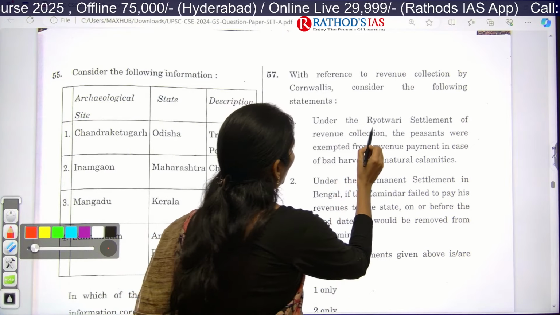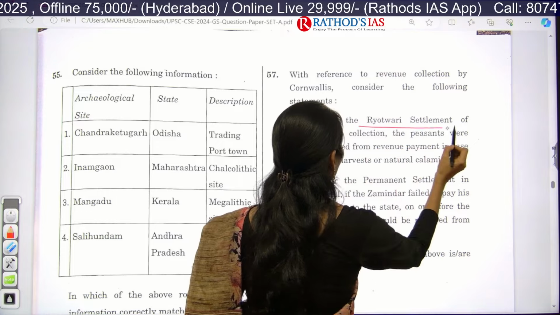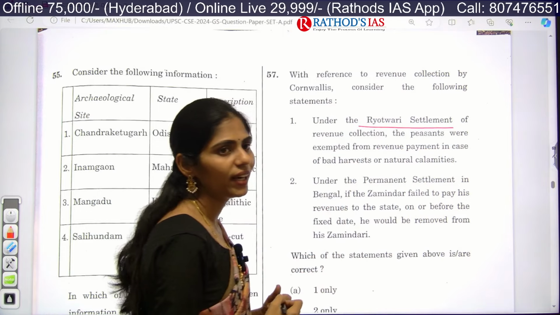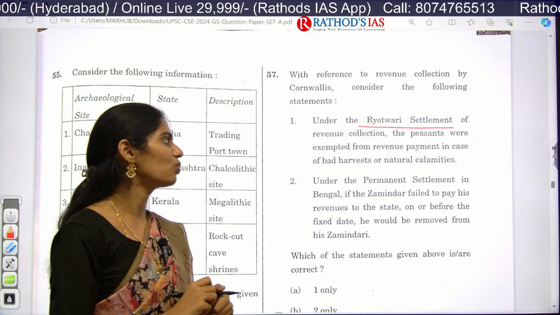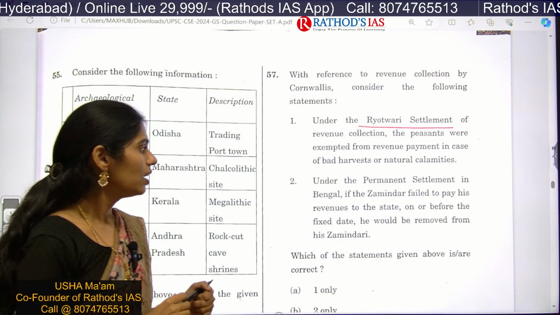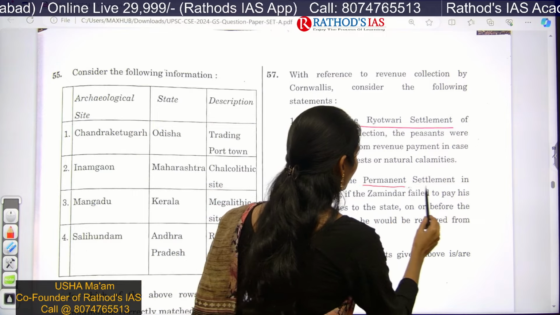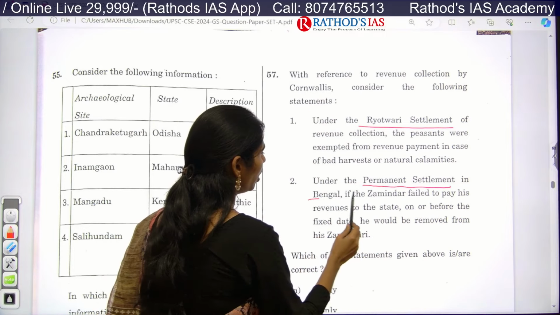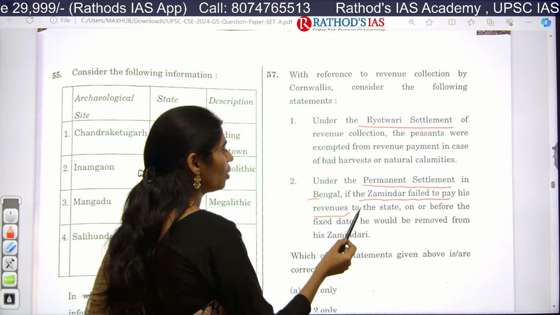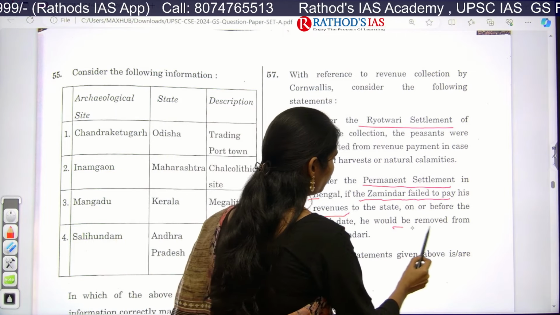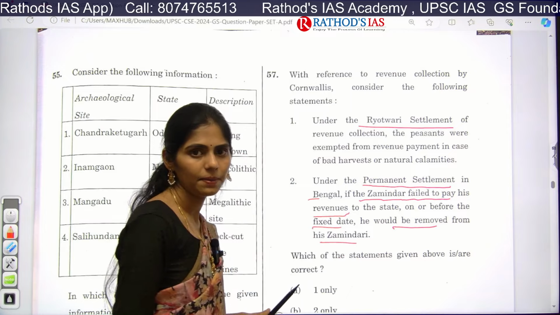First one is, under Rayatwari settlement of revenue collection, peasants were exempted from revenue payment in case of bad harvest or natural calamities. Next one is, under permanent settlement in Bengal, if Zamindar failed to pay his revenues to the state on or before the fixed date, he would be removed from his Zamindari.